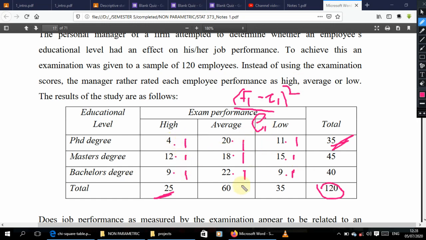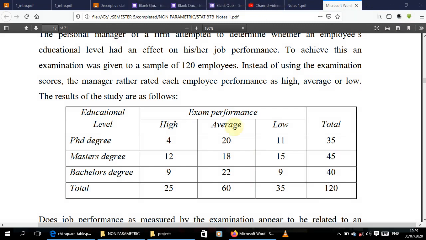When you sum, you get a chi-square value. I hope I'm making sense.